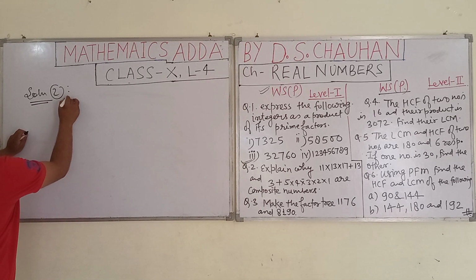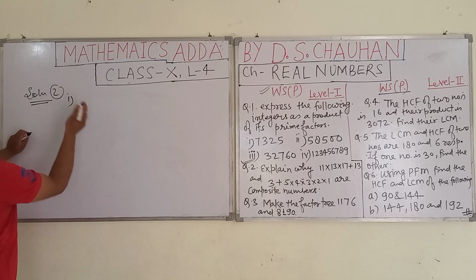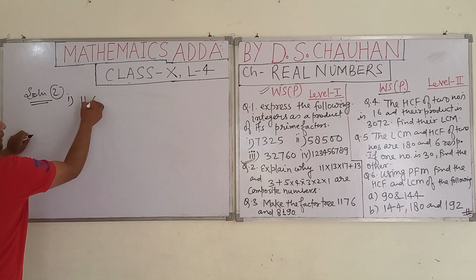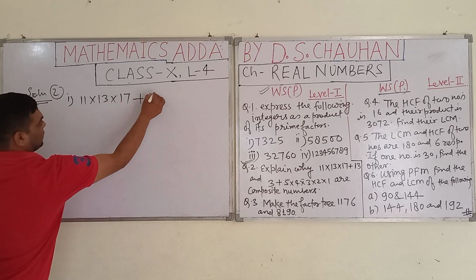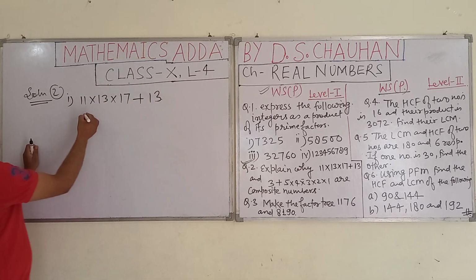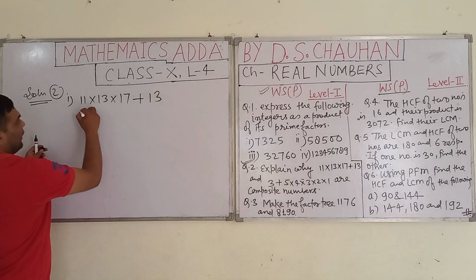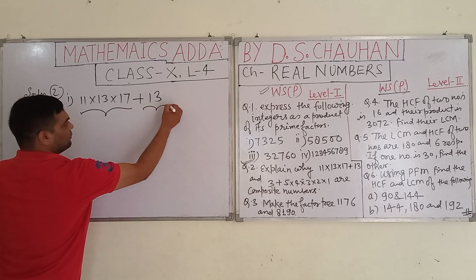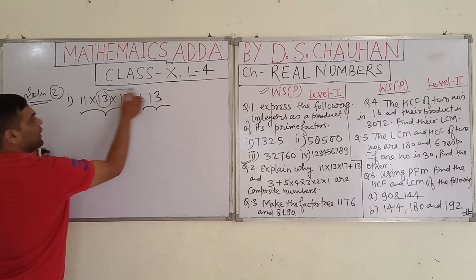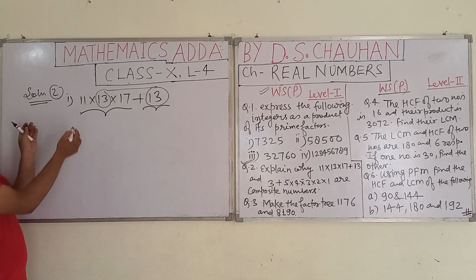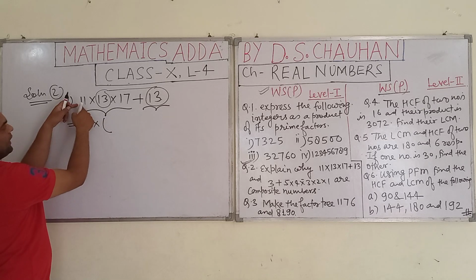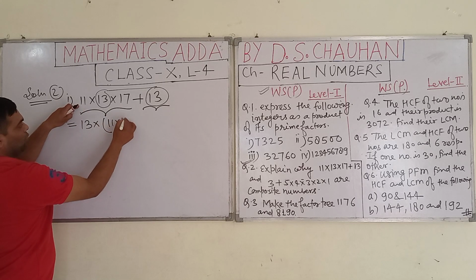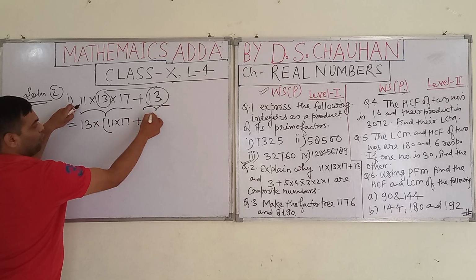The first part of question number 2 is 11 into 13 into 17 plus 13. Students, if you look clearly, in these two terms this 13 is common. We will take it outside. What we can note down is 13 into, inside the bracket, 11 into 17 plus 1.